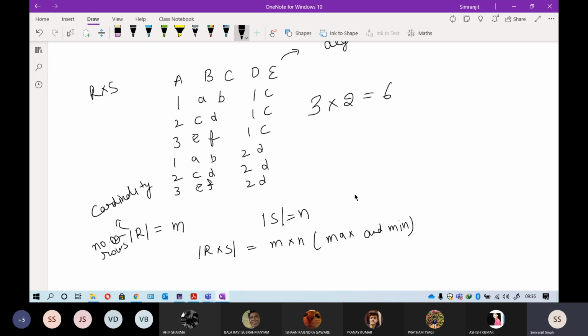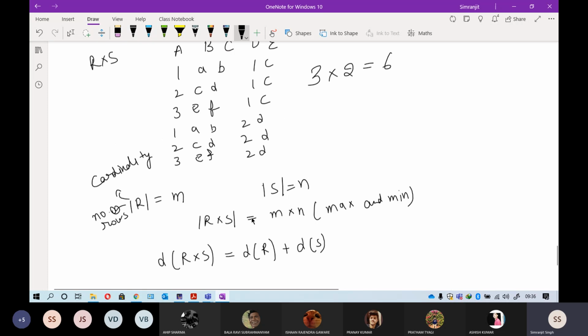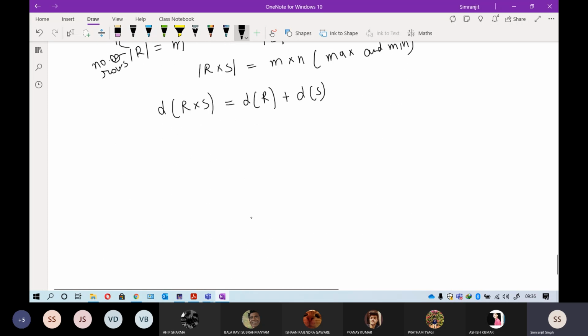Now what happens to the degree? The degree of R into S will be the degree of R plus the degree of S. The number of columns in R is 3, and the number of columns in S is 2. So 3 plus 2 will be 5.